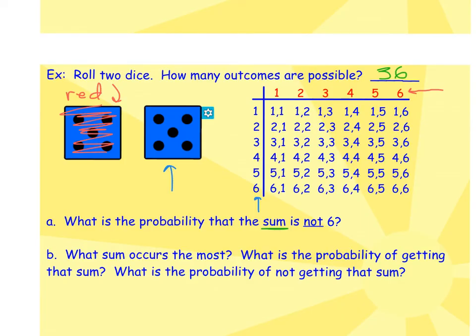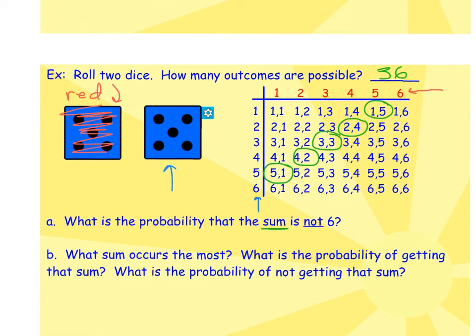Do we see any sums of 6 in that first row? I see 1 and 5. They would add to 6 right here. How about the second row? If we go just a little down and to the left, I see 2 and 4. And look at this, it kind of continues a pattern. We got 3 and 3. They could also land on 4 and 2. That would have a sum of 6, and then 5 and 1.